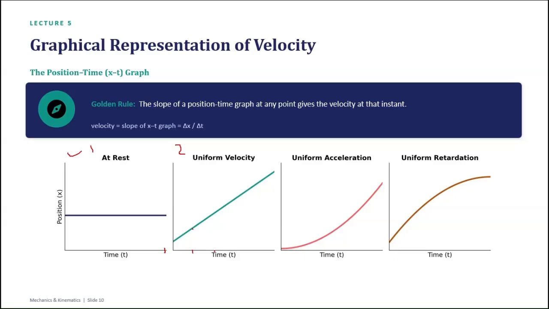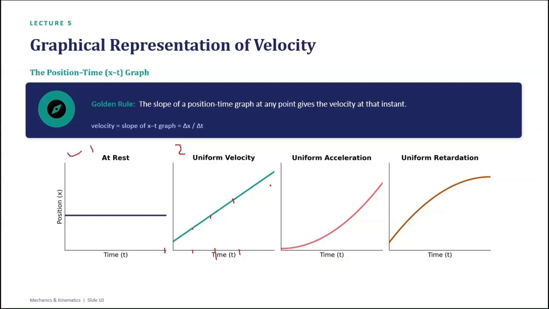Then the next second, again 1 meter, and in the third second, again 1 meter. So in each interval of time, the object position is changing linearly. We can say that the object is moving with uniform velocity.